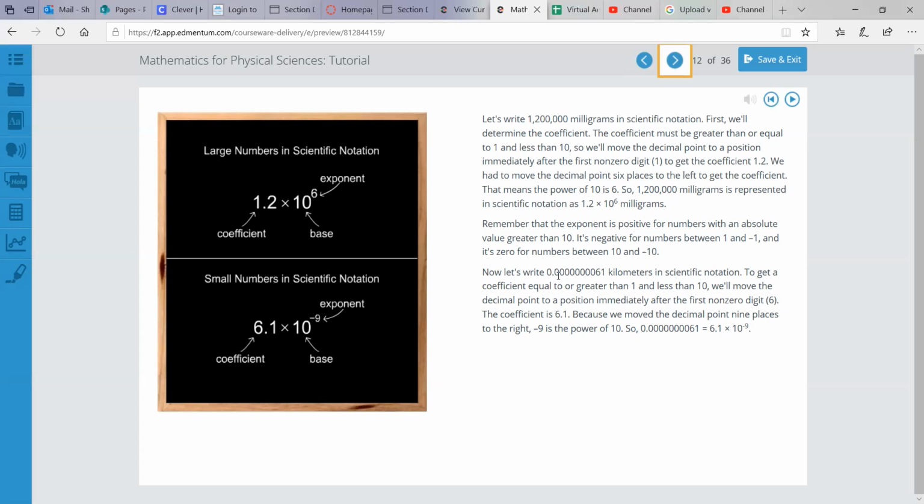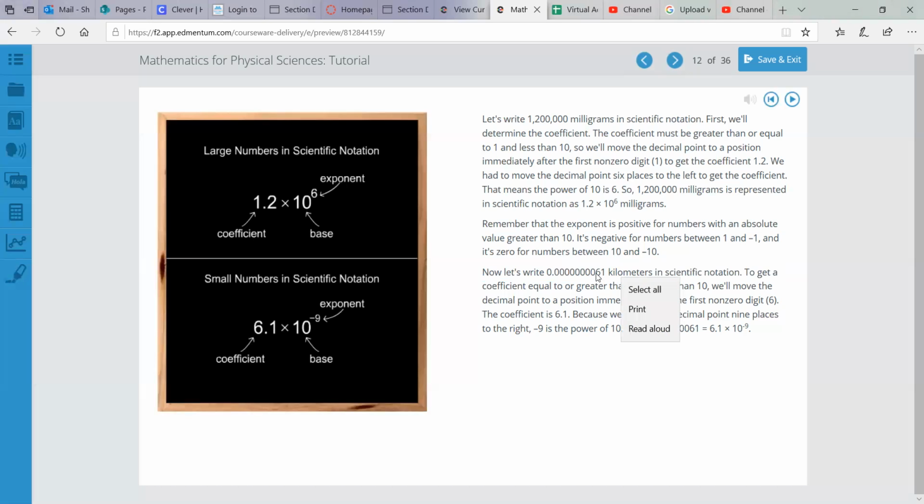Let's try this one. 0.000000061 kilometers. How many numbers are before this decimal place? We have the 6, the 1, and then 8 zeros before it.